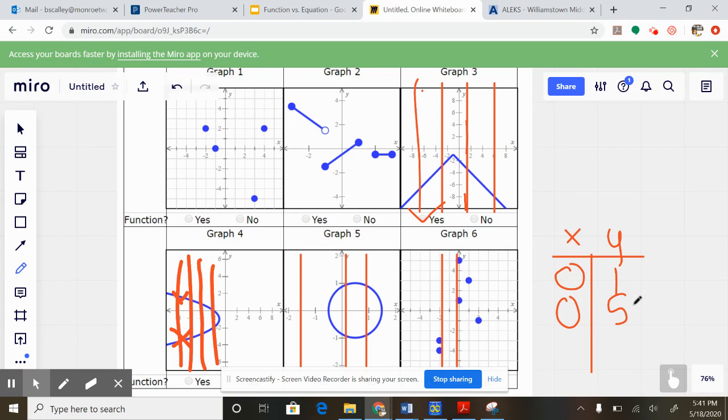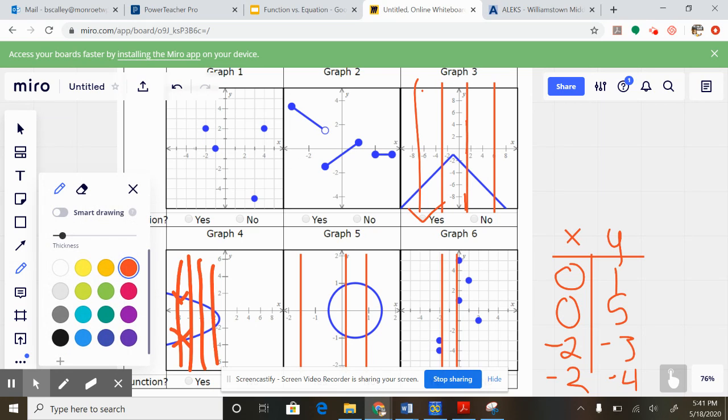I'm getting two different outputs for the same input. And same thing over here with this red line. I'm getting -2, -3, and the other one is -2, -4. So when I input -2, I get two different outputs. That's what's making it fail the vertical line test.